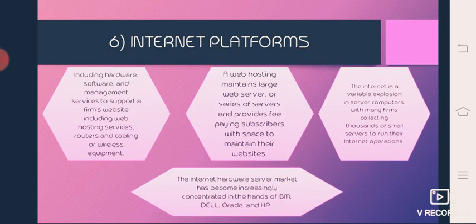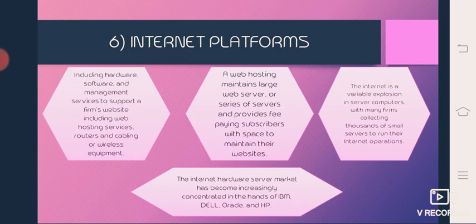Six, internet platforms, including hardware, software, and management services to support a firm's website, including web hosting services, routers, and cabling or wireless equipment. A web hosting service maintains a large web server or series of servers and provides paying subscribers with space to maintain their websites.